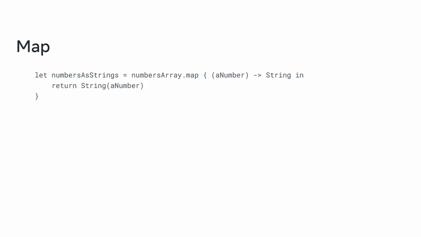Imagine you have to convert all the numbers inside an array to text representations. The map function is very convenient in this scenario. It can take a closure that transforms each element of an array to the string, producing a new array containing numbers in string format. The previous example could be implemented using even less code by taking advantage of something called shorthand argument names.